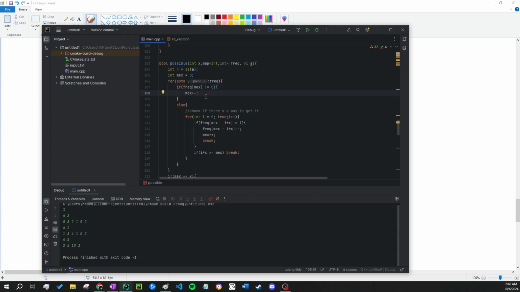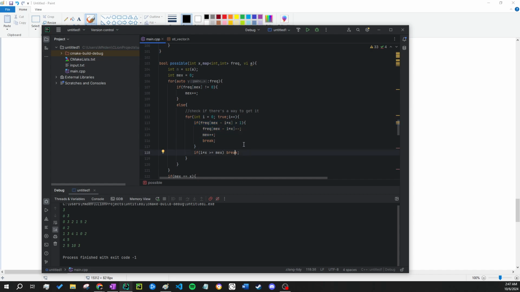Which is good. So if the value is present, then that's good. And if it is 0, let's look back in the array and see if there is a possible way to form it. If there's a possible way to derive it by taking one of the previous elements and adding it and getting the mex, that's good.